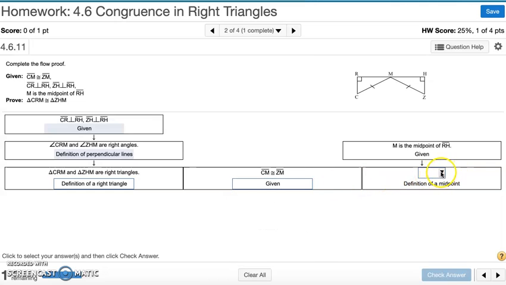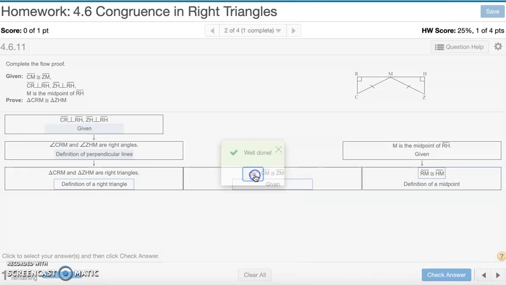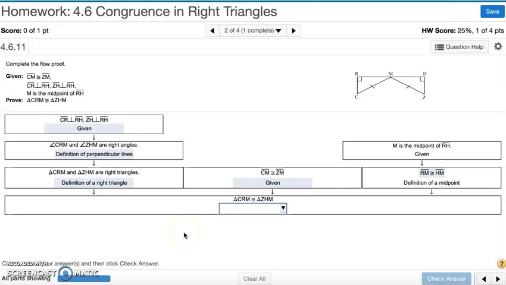So we're being asked to conclude something because M is the midpoint of RH. What we can conclude is that RM is congruent to MH. Now we can conclude that the two triangles are congruent.